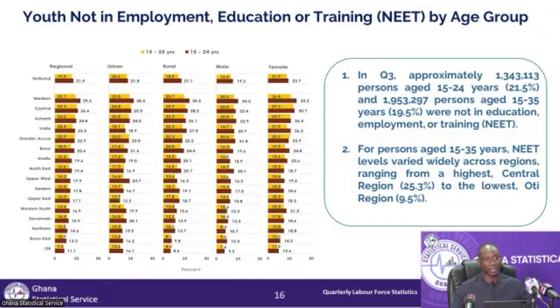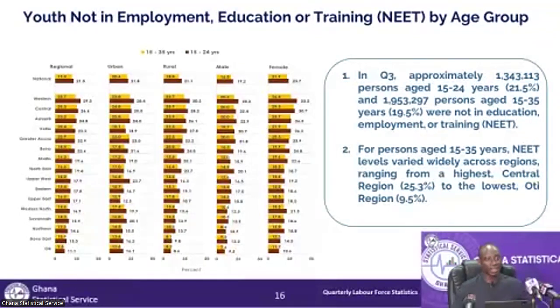And that statistic is quite alarming. For those aged 15 to 35, the number rose to 1.95 million people, or 19.5%. For persons aged 15 to 35 years, NEET levels varied across regions, ranging from highest Central region, 25.3%, to the lowest, which is Oti region, 9.5%.